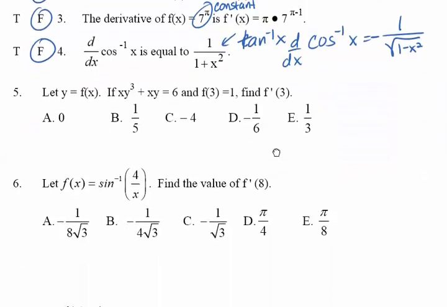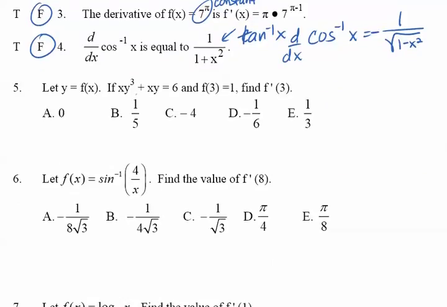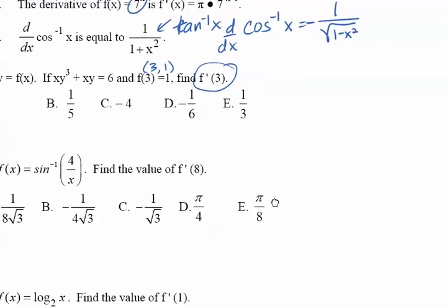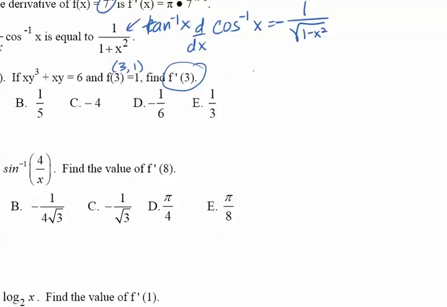In number 5, we need to do implicit differentiation, and then we want to find a specific slope of a tangent at the point (3, 1). So implicit differentiation here, I don't have much space for work there.